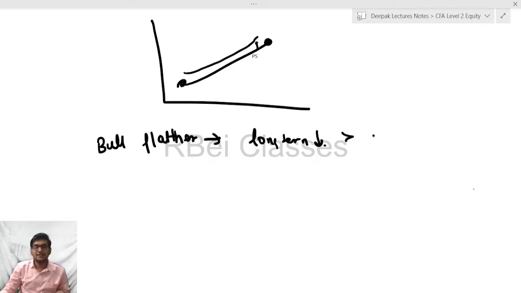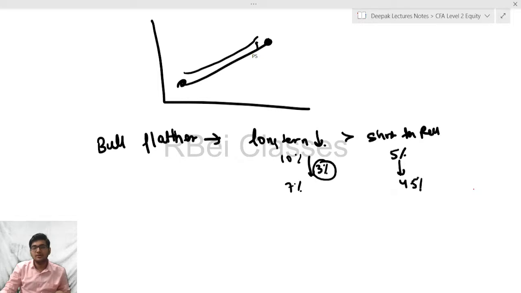This decline is greater than the short term rates, means long term rates earlier were 10%, now came down to 7%. So there is a decrease of 3%. Short term rates currently 5%, and now it is only say 4.5%, a decrease of only 0.5%. See, they both decreased, but the long term rates decreased more as compared to the short term rates, clear.